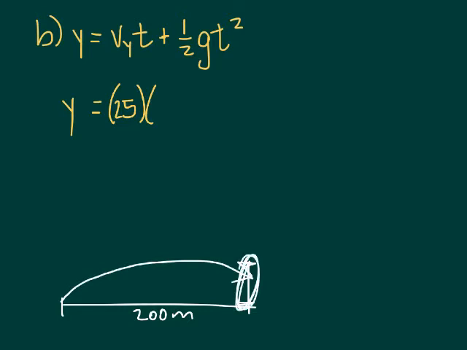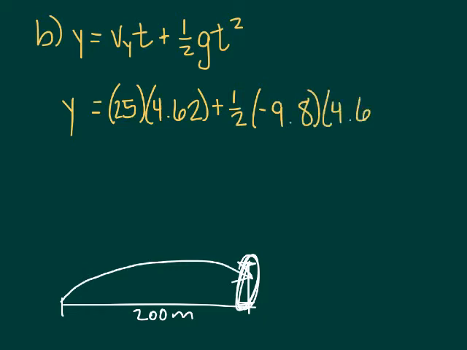So we are using the full value of the time that we found in part A. So I'm going to put in my 4.62 seconds. Then we're going to add 1/2. Gravity is still negative, so we want to plug in negative 9.8. And then our time is 4.62, and don't forget to square that one.